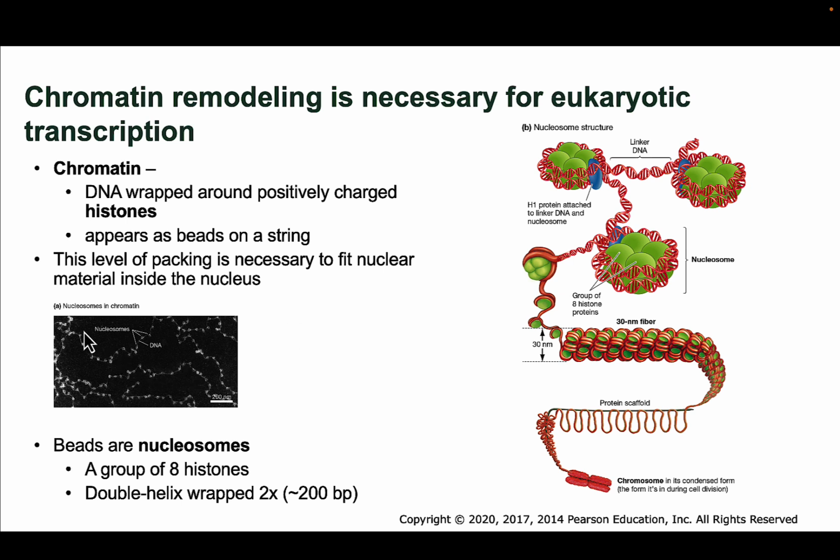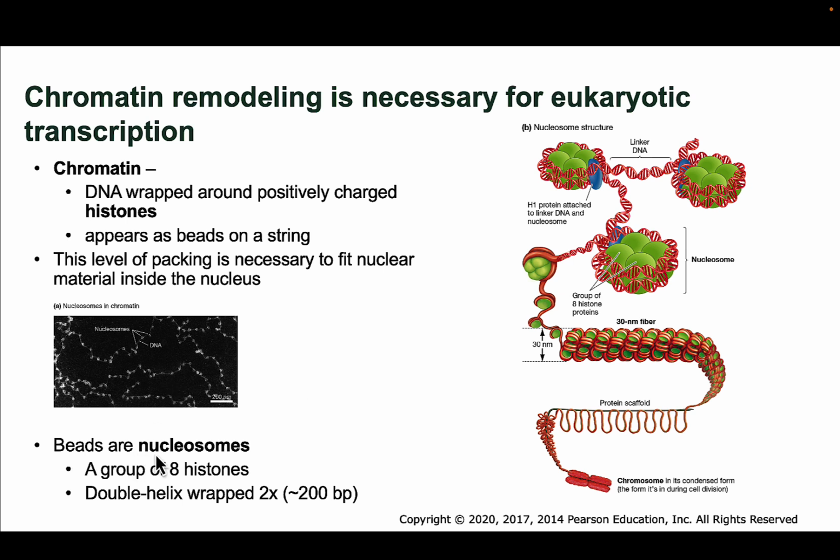It turns out that DNA is very tightly wrapped around these beads. This level of packing is necessary to fit all of the nuclear material inside the nucleus. If we didn't have the DNA wrapped in this way, we simply couldn't fit that amount of genetic material inside the nucleus.